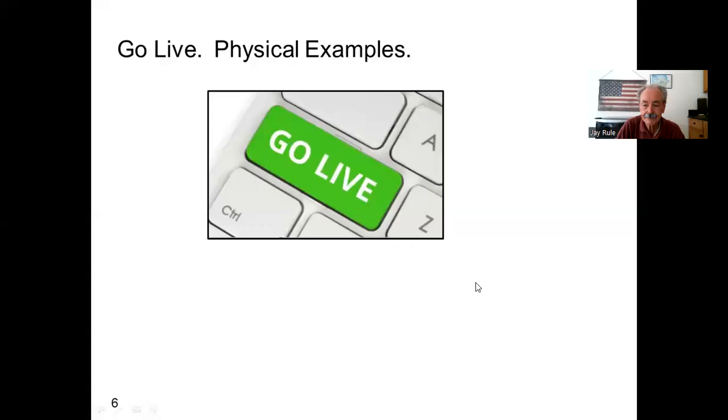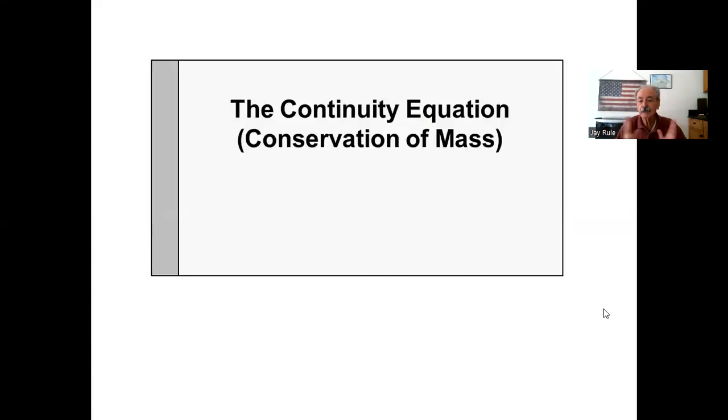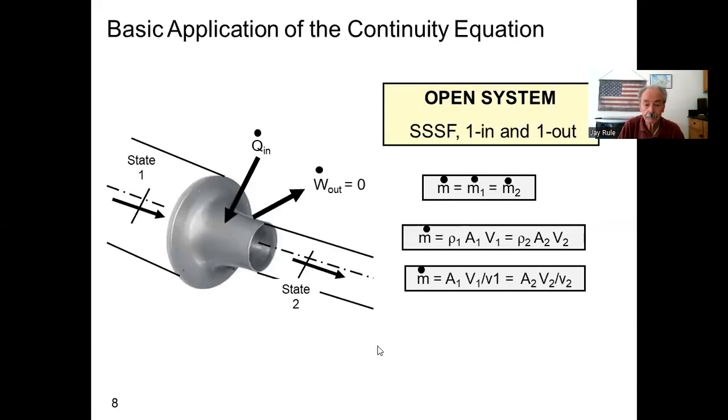Now back to our presentation. All right. Let's look at the continuity equation and how it applies to both nozzles and diffusers. Basically, application of continuity equation. I have shown a nozzle, but if you recognize you can just flip things around, these fundamentals are going to apply exactly the same to the diffuser.